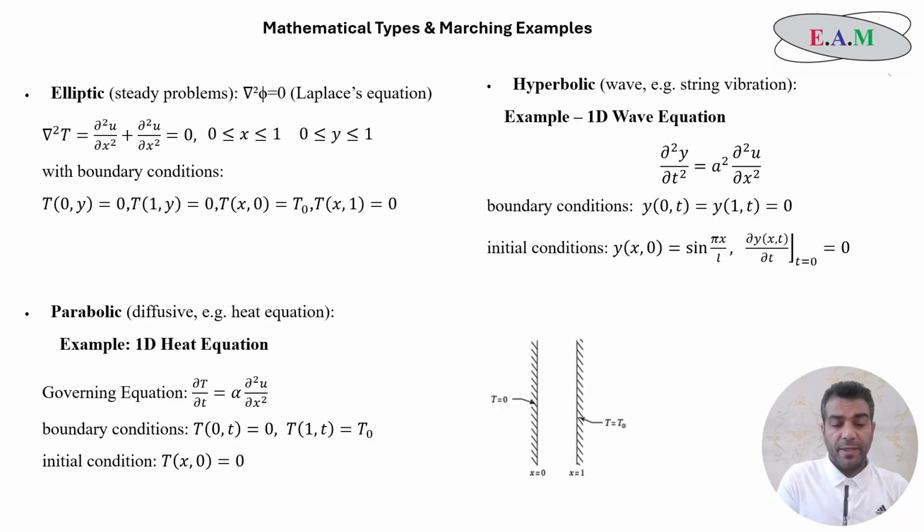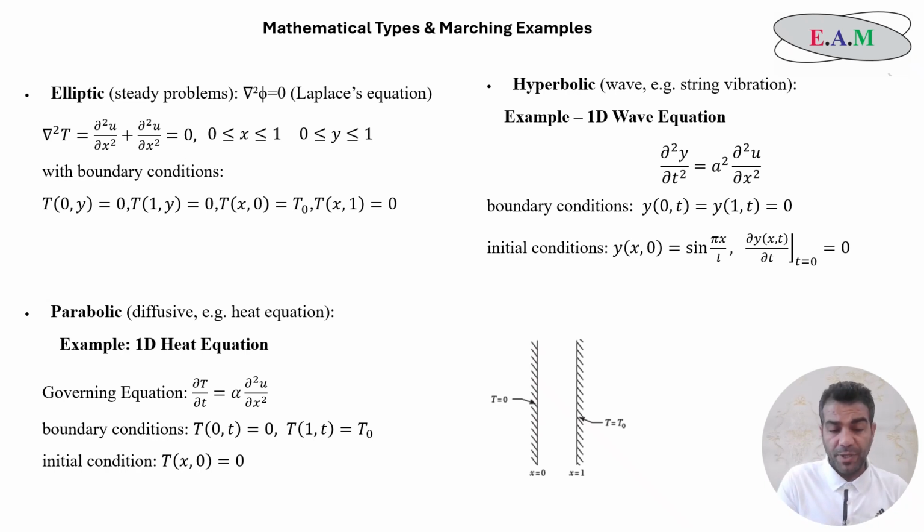Let's now connect the mathematical types of PDEs to real physical examples and marching strategy. Elliptic PDEs, like the Laplace equation shown here, model steady state problems. These describe conditions that do not change with time, for example, how temperature is distributed in a metal plate with fixed boundaries.